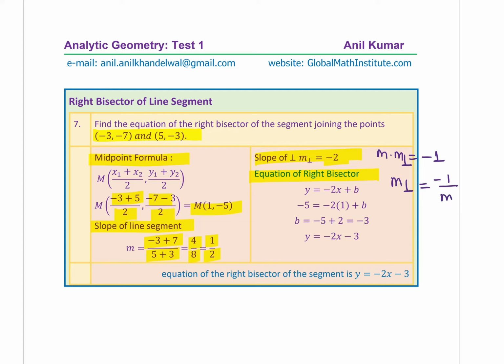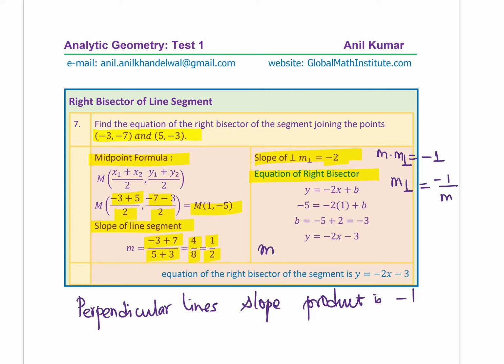Remember that perpendicular lines have a slope product of minus 1, or we'll say the slope of a perpendicular line will be the negative reciprocal of the slope of the line itself. So we now know that in this particular case, the slope is minus 2 and the midpoint M is (1, -5).